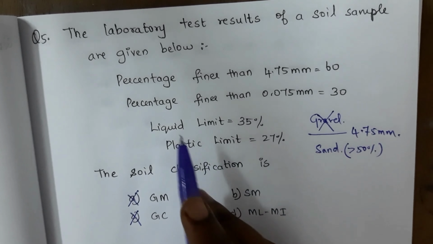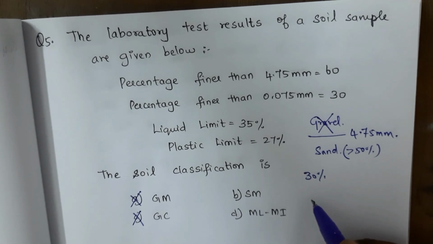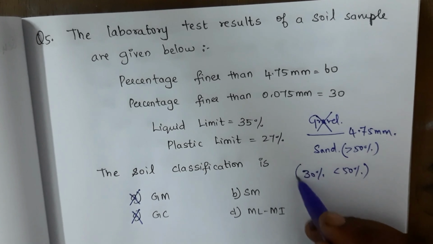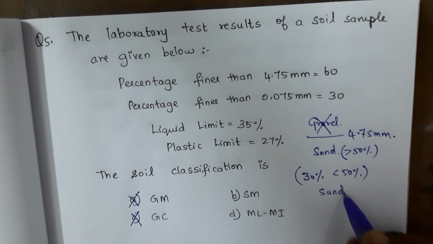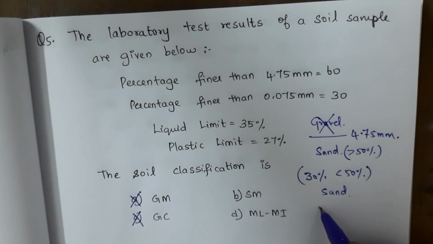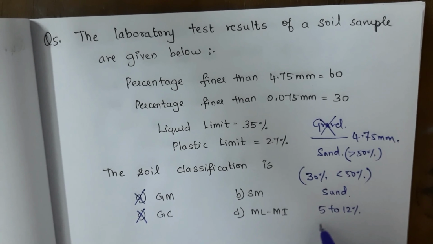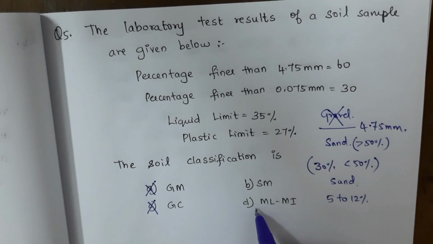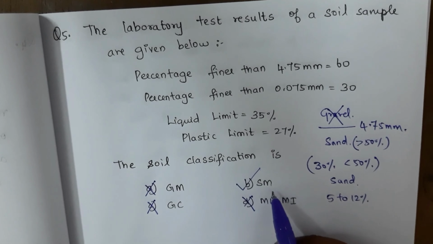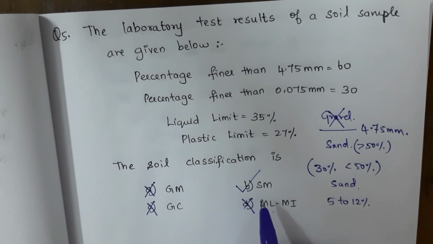And also the percentage finer than 75 micron sieve is 30%, that is less than 50%. So it is obviously sand. And also, since this percentage finer is not between 5 to 12%, it cannot be a dual symbol, meaning only 5 to 12% we give a dual symbol. So this can also be neglected, and finally we have the answer as SN. Again, you can draw the plasticity chart for yourself and determine whether the answer is right or wrong.